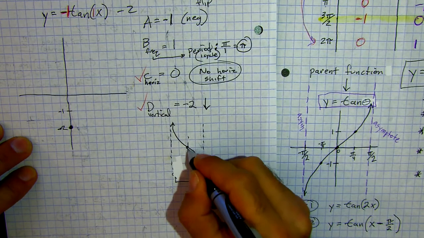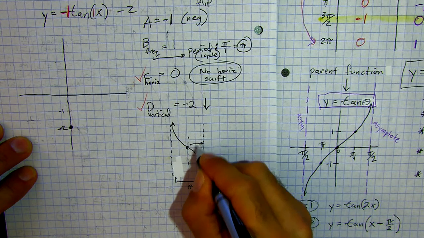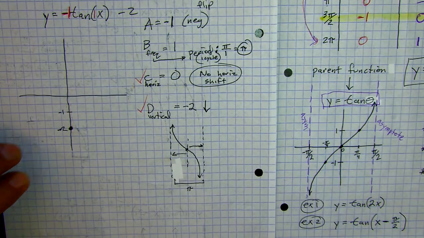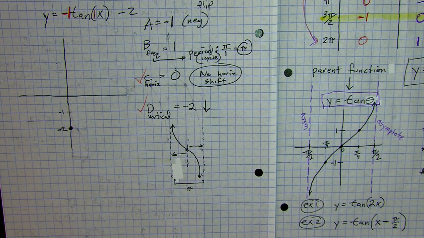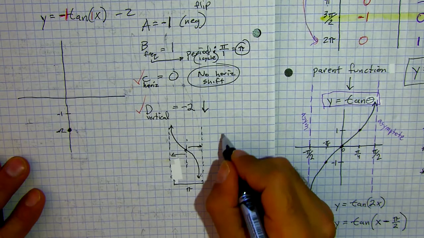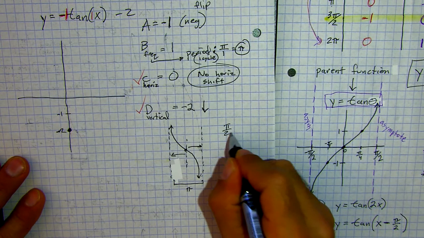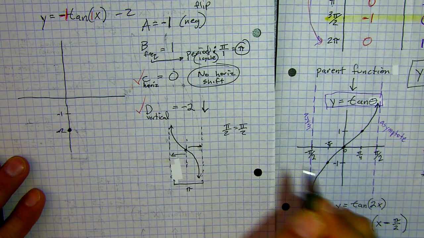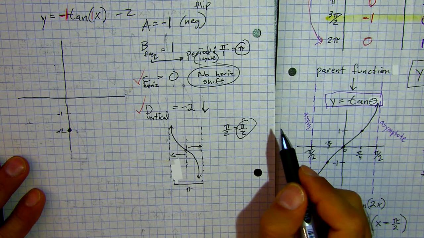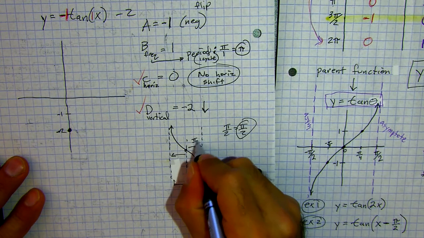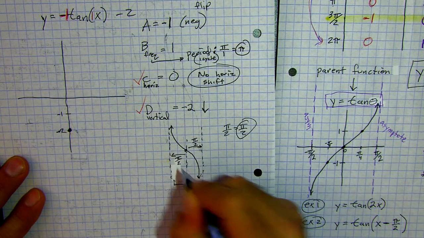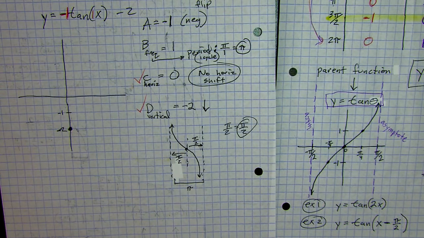So then if I want to figure out how far to the left and right I need to go to find my asymptotes, I need to divide pi by 2. Whatever the period is, you're going to divide it by 2. So I take pi and divide it by 2. That's pi over 2. So I need to go this way, pi over 2. I need to go this way, pi over 2. That's where I'm going to find my asymptotes.